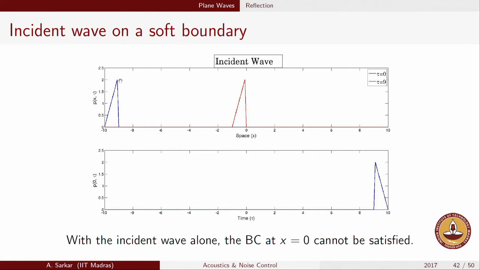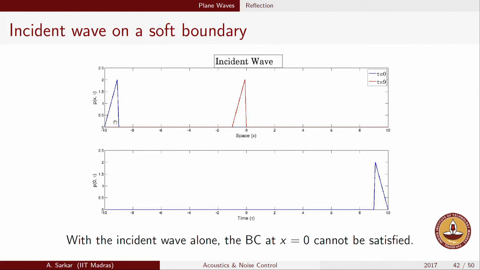At time equals 0, tau equals 0, you have this initial wave from where the simulation starts. As you see, this wave will reach the point x equals 0 after how much time? After 9 units of time in tau, because this is minus 10, this is minus 9 and this is 0. So, the distance from here to here is actually minus 9.